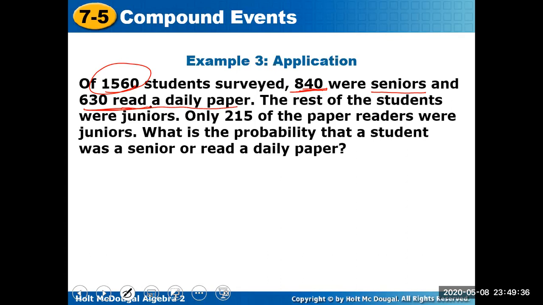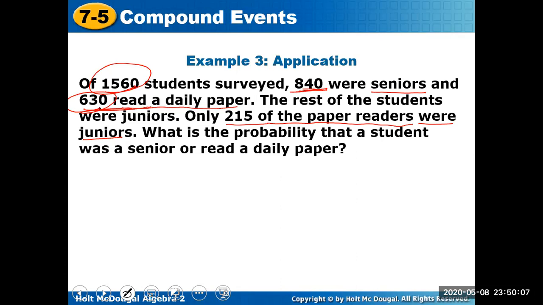Now, only 215 of the paper readers were juniors. That means a total of 630 students were reading the paper. Out of the 630 who read the paper, 215 were juniors.